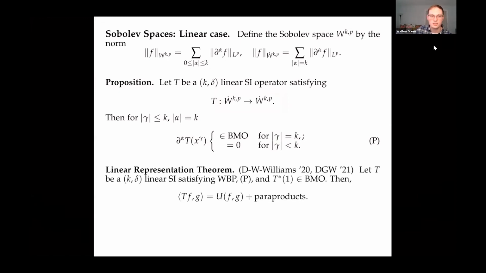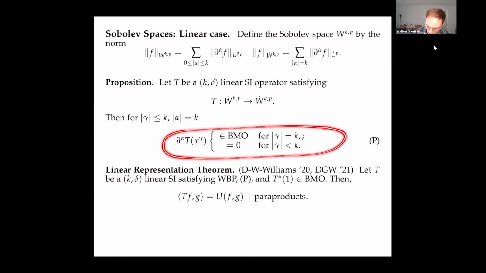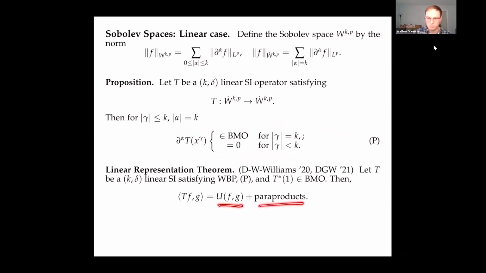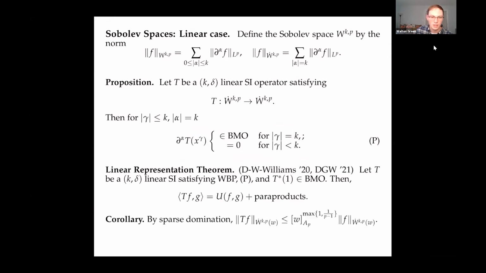So under these conditions, there is a linear representation theorem proved by DePlinio, Wick, and a graduate student at WashU, Tyler Williams. And this is what our work is based on, that I'm doing in extending this to different settings. And they've proved basically under this same condition P that you have a representation as a wavelet form plus some paraproducts, which I'll talk about later.